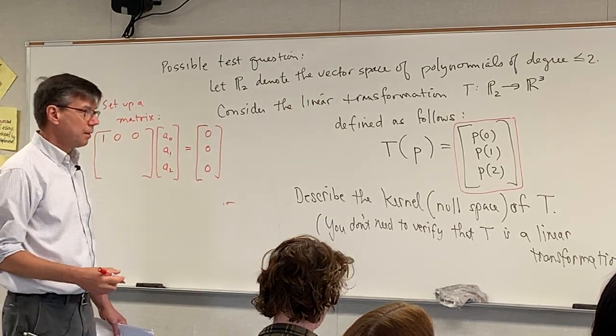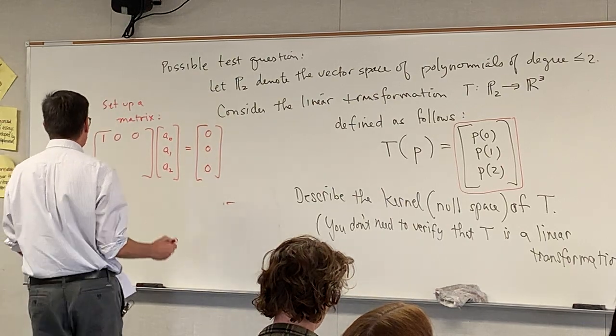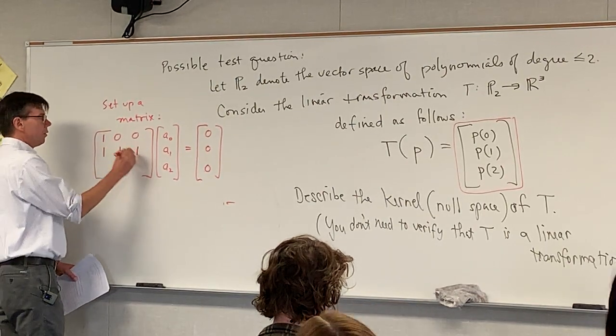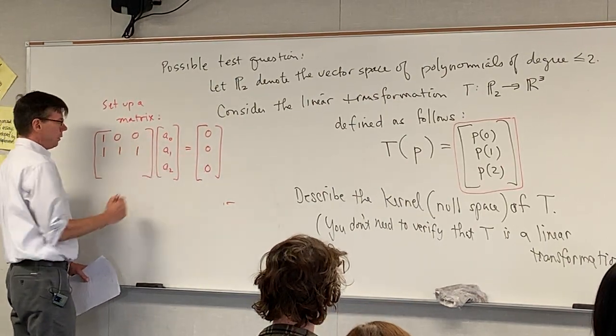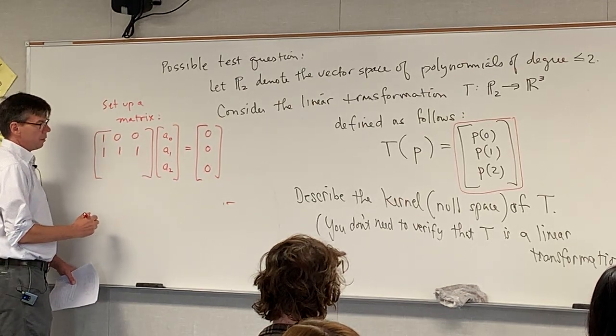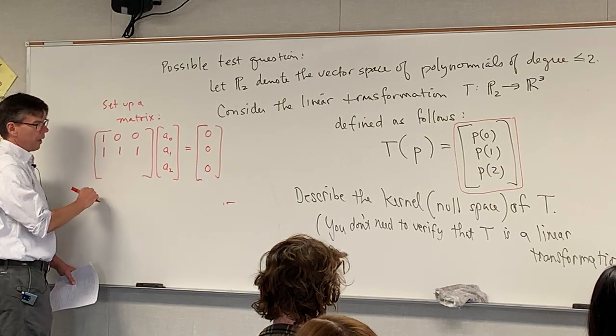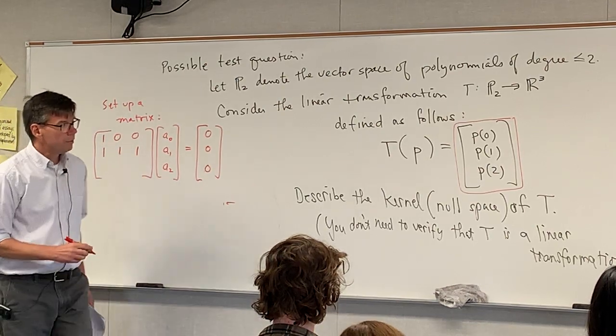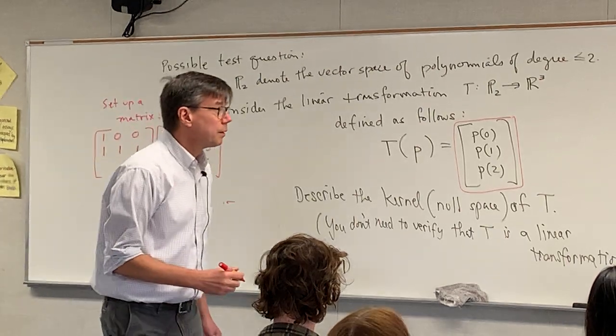The A1 plus A2 plus A0 would be like a row equals 0. And my third equation is, what was it?